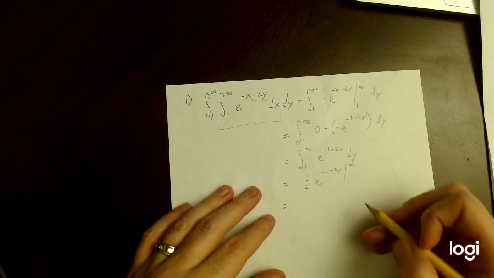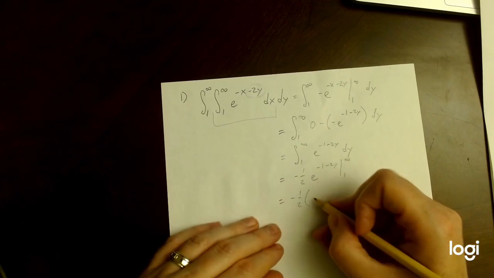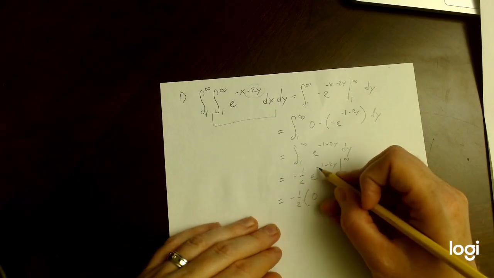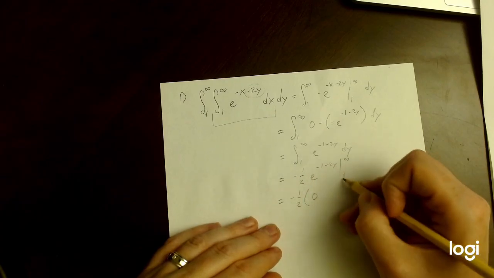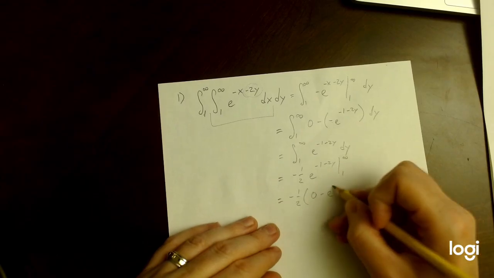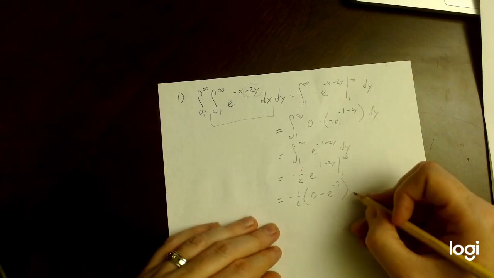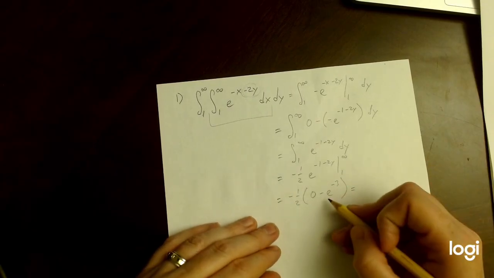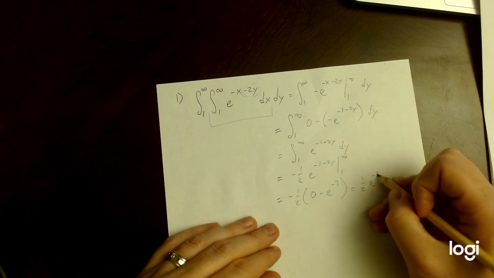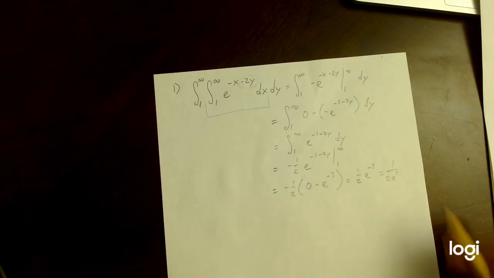We'll get e to the minus infinity again, and so this one, we'll still have this constant out front, and we'll have a 0. And then we have e to the minus 1 minus 2, so minus e to the minus 3, like so. And then that minus will cancel this one, and we'll get 1/2 e to the minus 3, or 1 over 2 e to the 3 as our answer.